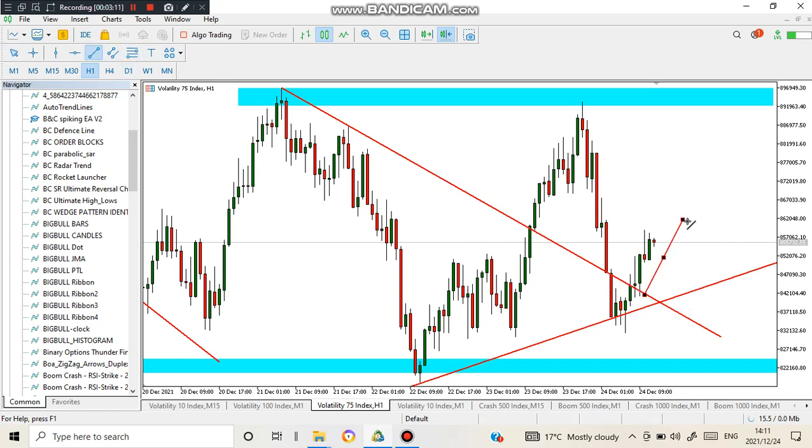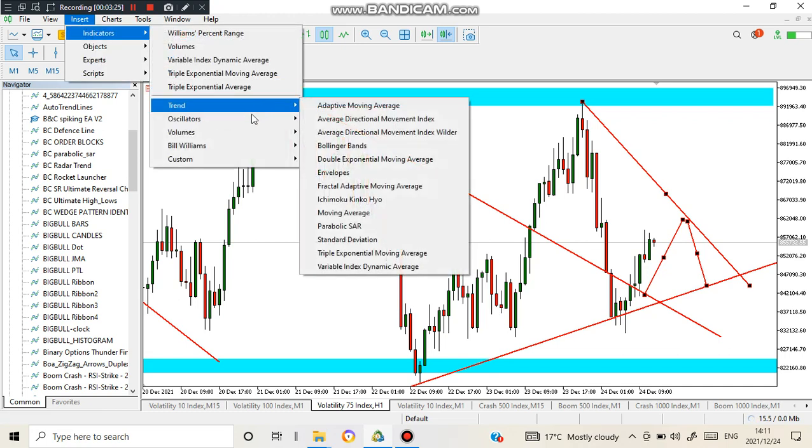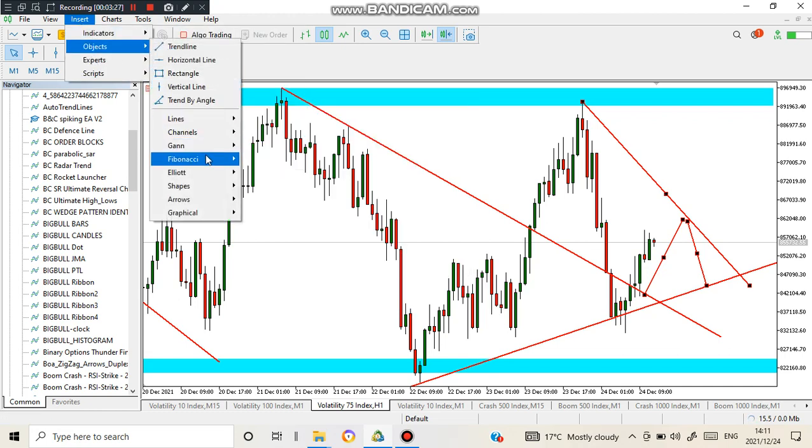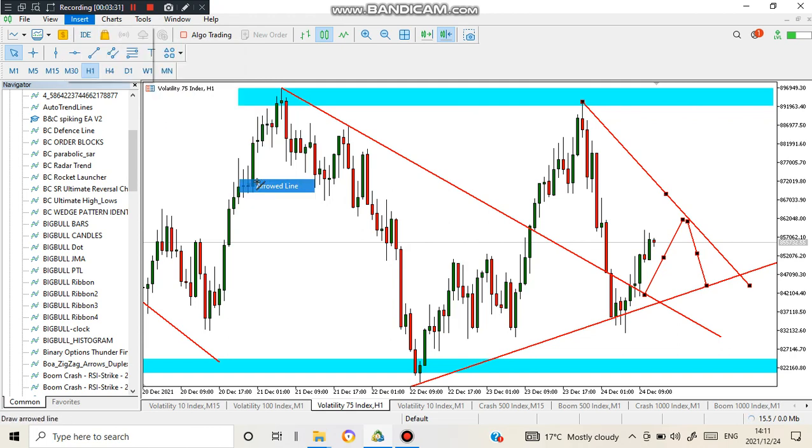If price decides to make a lower high, check this out. This is how a lower high looks. We're gonna draw a trend line from this position, starting over here until there. And what we're gonna wait for is, if price decides to break above that trend line, we're gonna take a buy. And if price breaks below the trend line, we're gonna take a sell until this support level over here.